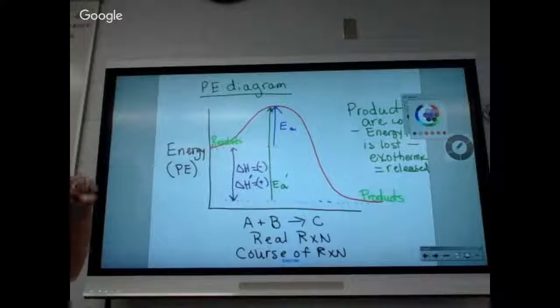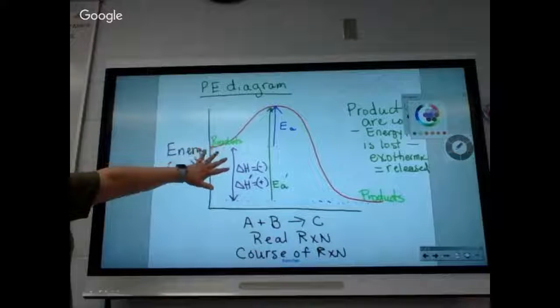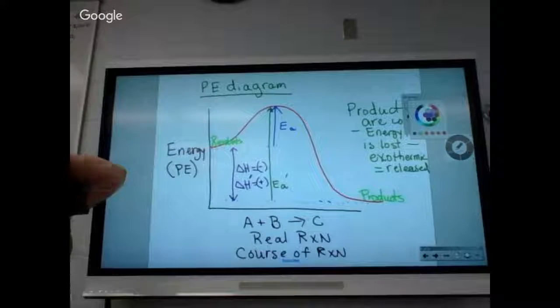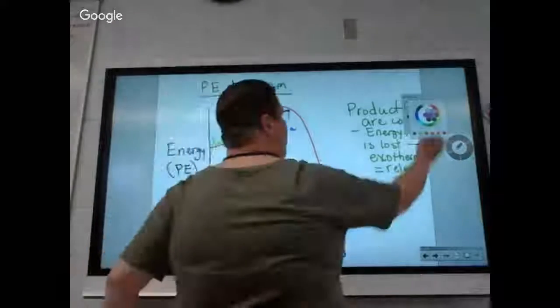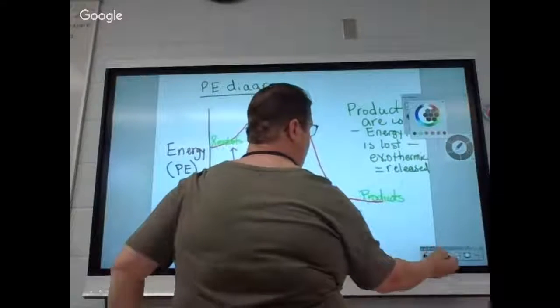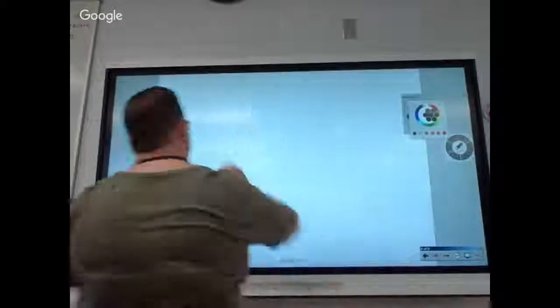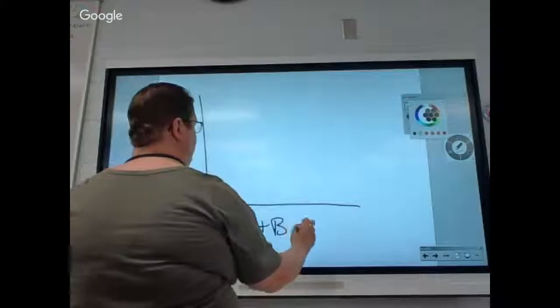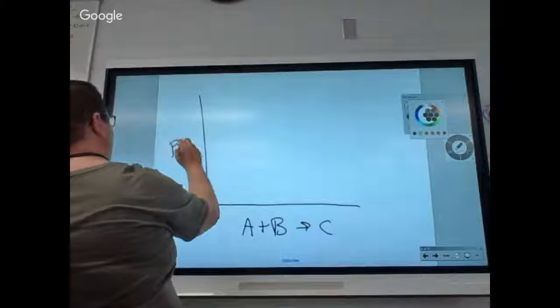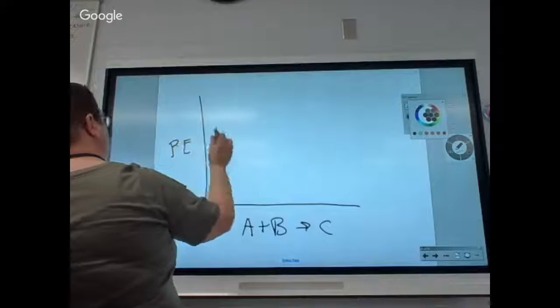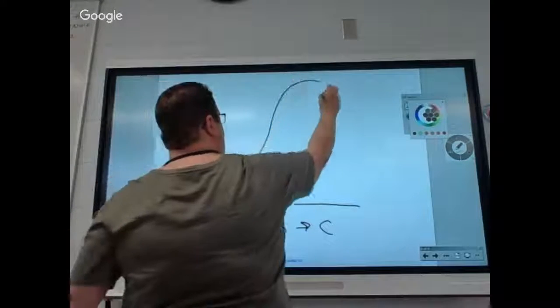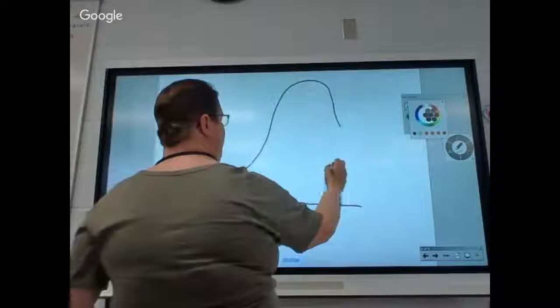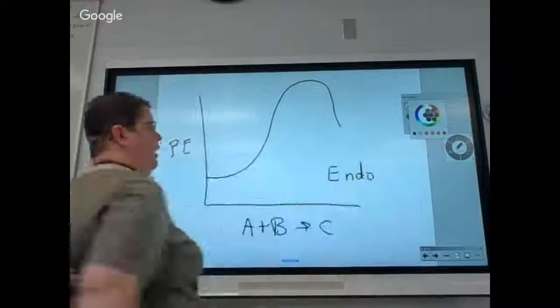Now, what's the difference between this one, which is exo, and endothermic? The products are going to end up higher. So if I draw endo real quick, let's just say I write A plus B yields C, and I write potential energy there, except I fixed that. It would just look like this. That would be endothermic. Okay?